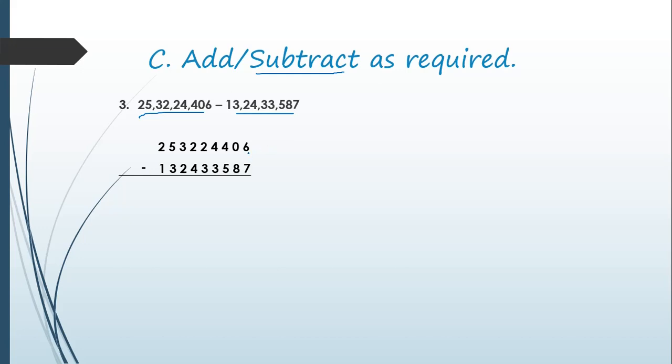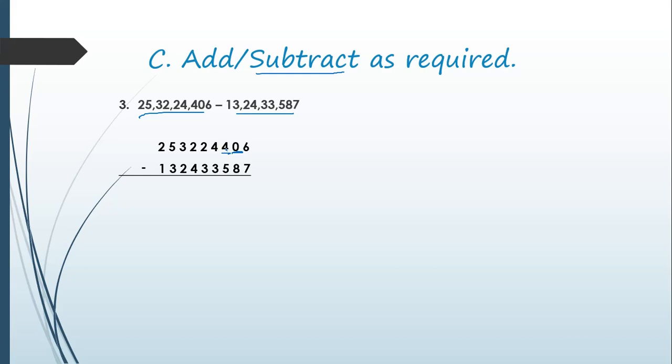In the lowest place, that is ones, we have 6 minus 7. 6 is the smaller number, 7 is greater, so we need to borrow from the next place. But in the next place we have a 0. From 0 we can't borrow anything, so we move one more step to the hundreds place, because it is a non-zero number.